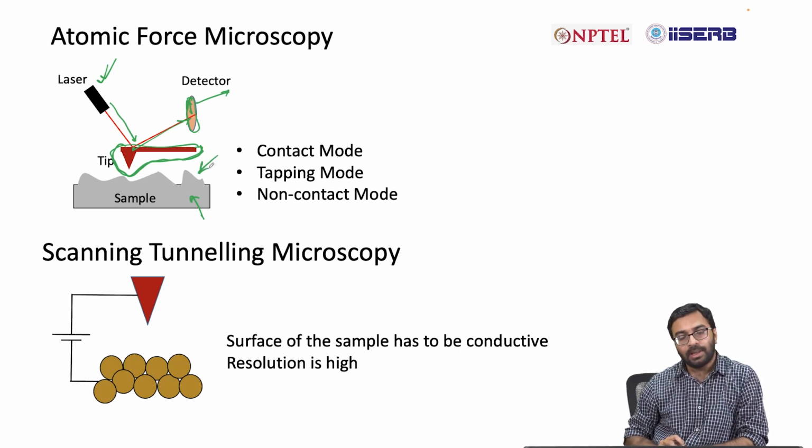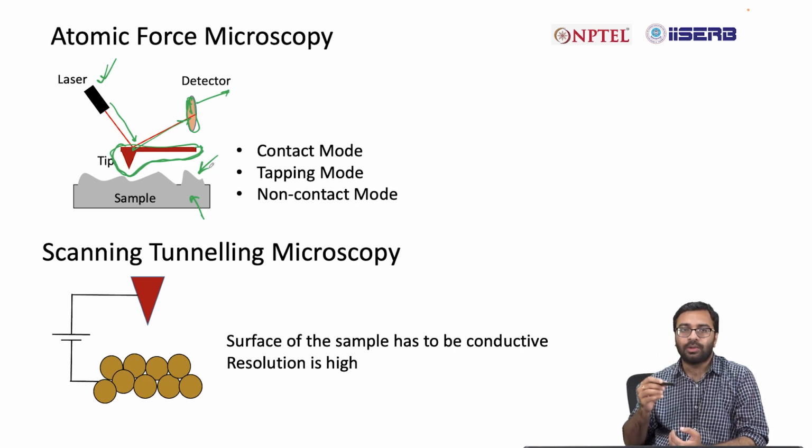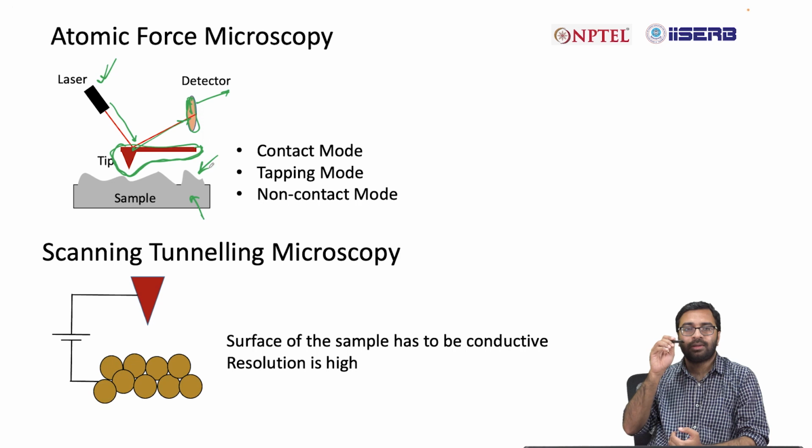Now, one simple analogy for atomic force microscopy could be a blind man who has a stick. When a blind man walks on a road, he taps at different locations with the stick.